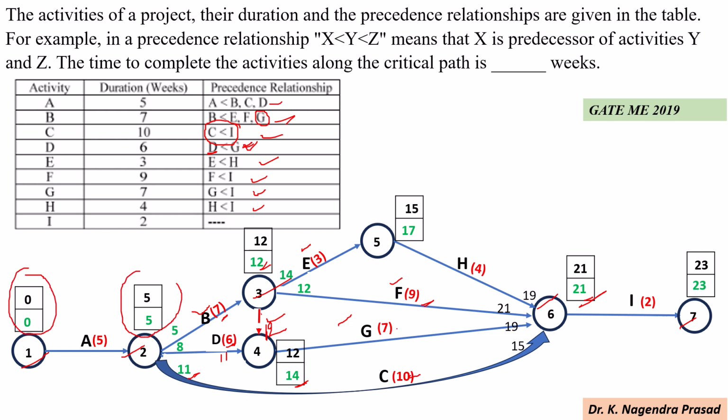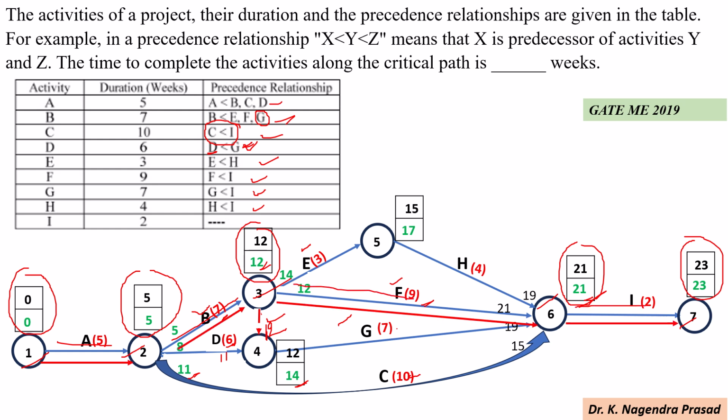So 1, 2 and 3 and 6 and 7. So activity A 1 to 2, activity B 2 to 3, activity F 3 to 6, and activity I 6 to 7.